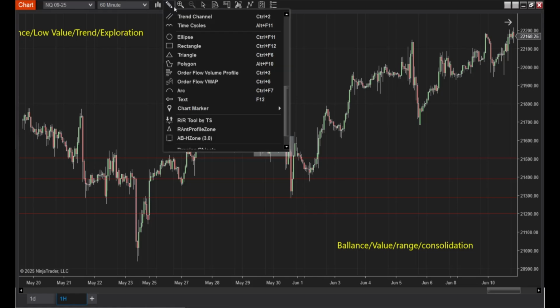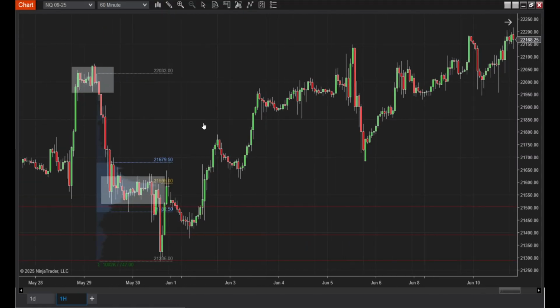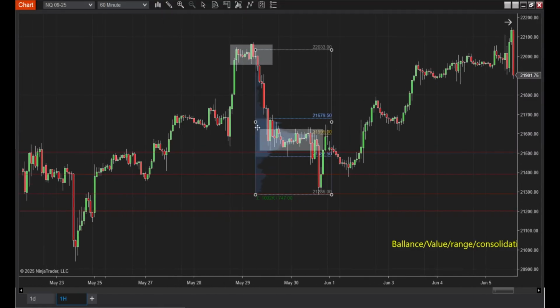So if we were to take, say, a volume profile and put it here, let's bring it across this whole range.